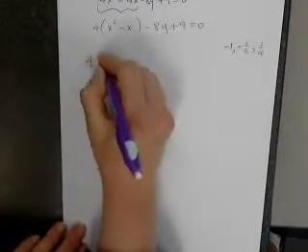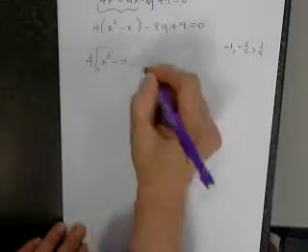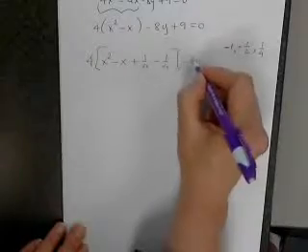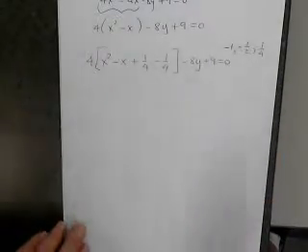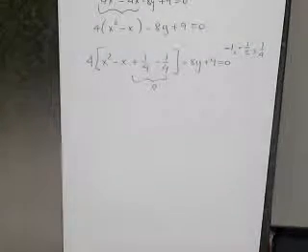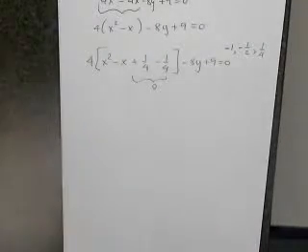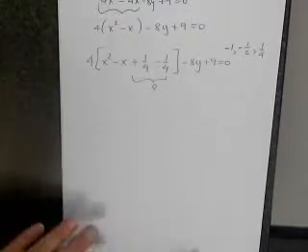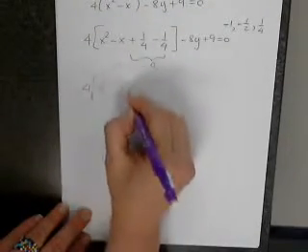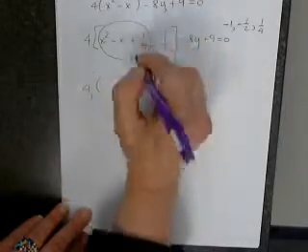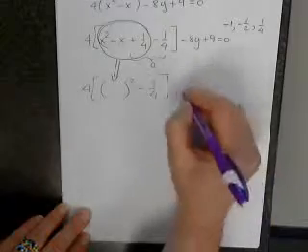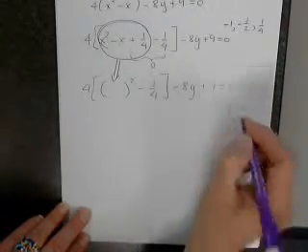So then 4 times (x squared minus x plus 1/4 minus 1/4) minus 8y plus 9 is 0. Remember, this is 0. I did not change the problem. By adding 1/4 and subtracting 1/4, I did not change anything. But now I have these three terms here, and then minus 1/4 with a bracket, minus 8y plus 9 equals 0.